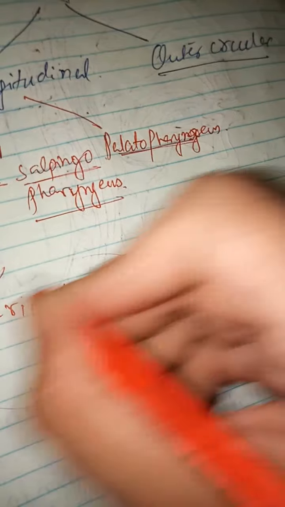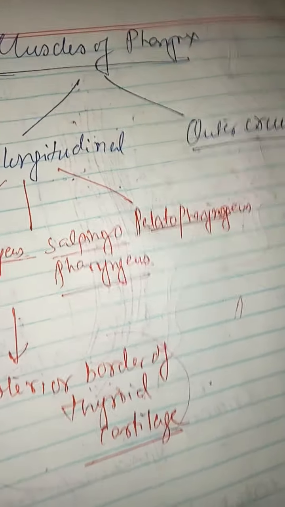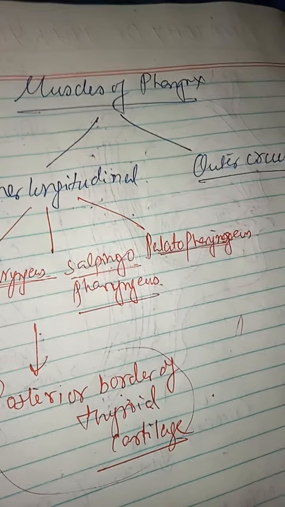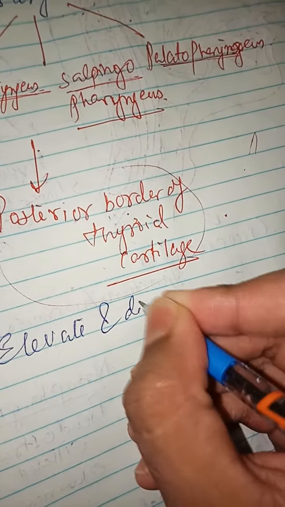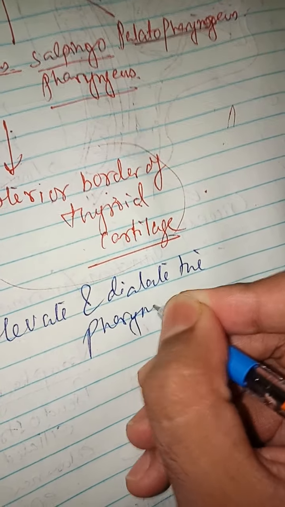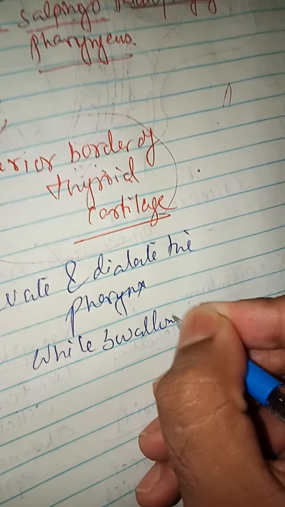From the posterior border of the thyroid cartilage these muscles elevate and dilate the pharynx during swallowing, or deglutition.